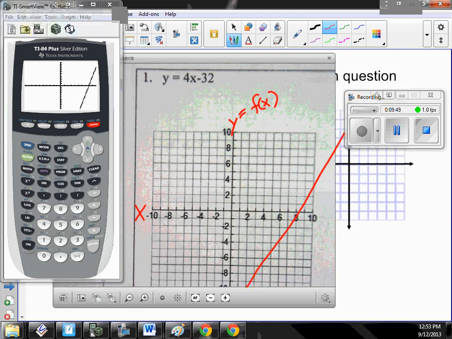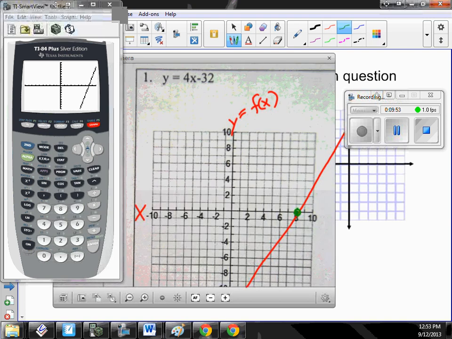Well, what happens at 8? At 8, the answer is 0. Is 0 positive or negative? Neither. So 0 doesn't count. Okay? What happens if I plug in 2? Do I get a positive number or a negative number? If I plug in 2, I get this value down here that's negative.